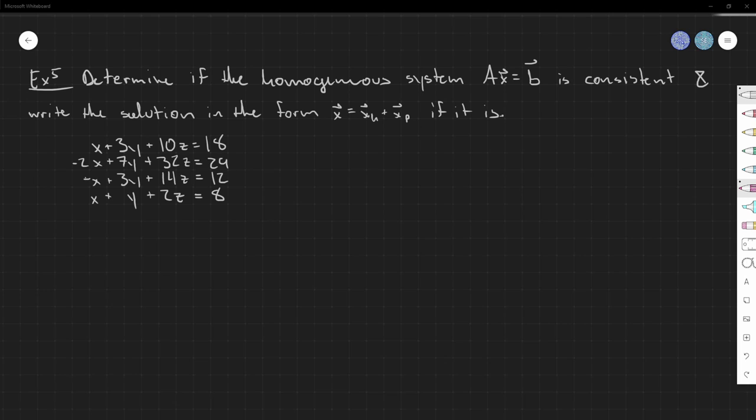And so I talked about three cases. One where the system is homogeneous, the other is when the system is non-homogeneous, and the last one is when it's a square matrix. The non-homogeneous one should be very simple to do.